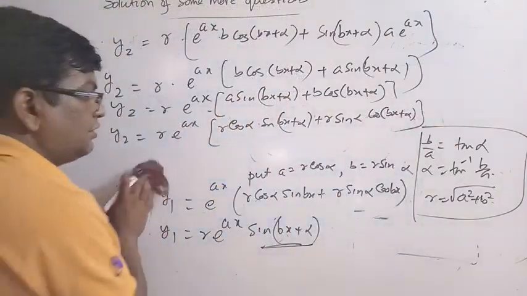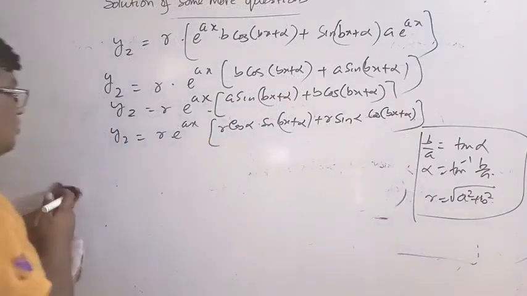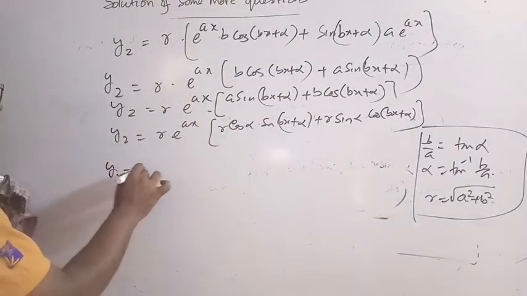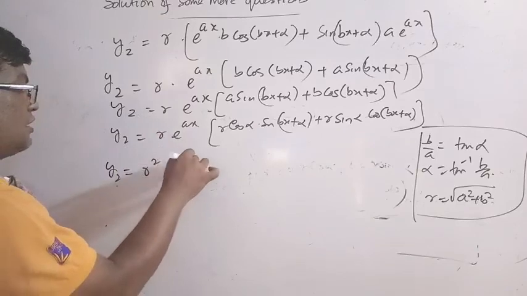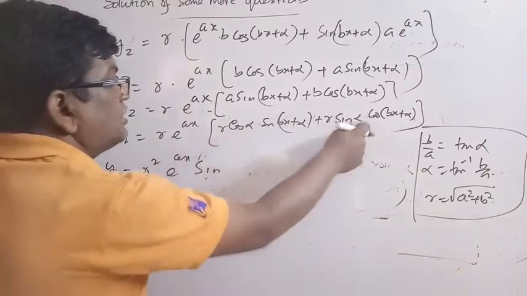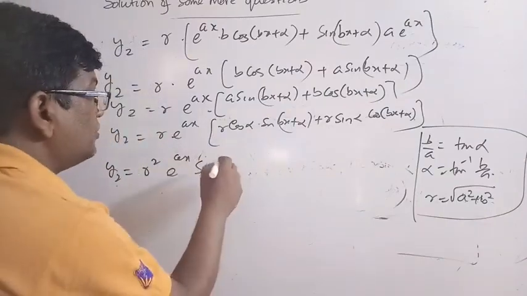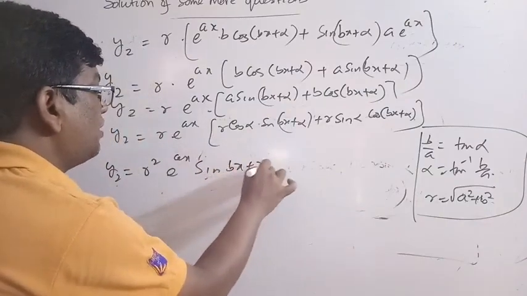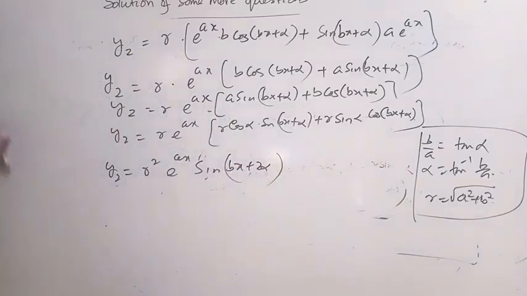So y2 is equal to r square e to the x, and this is sin a cos b plus cos a sin b, sin a plus b formula, sin bx plus 2 alpha.